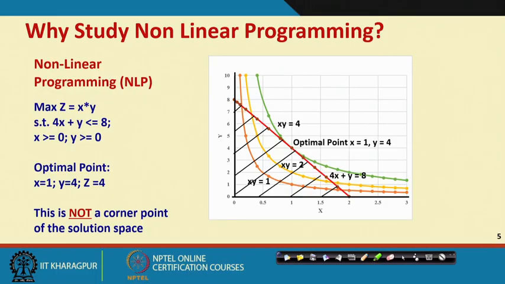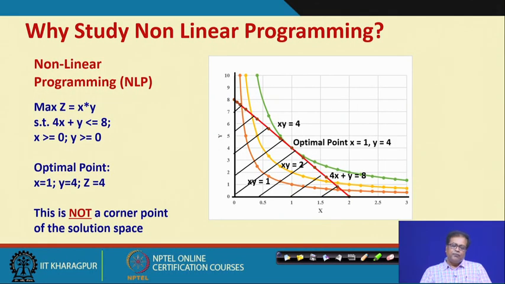So, the basic advantage of linear programming is not available in nonlinear programming. You can understand that the solution methodology has to be different. We just cannot use the standard linear programming methodology for solving nonlinear programming problems. Sometimes we might also have constraint lines which are nonlinear. Maybe the optimal point may be within the solution space, not on the boundary.